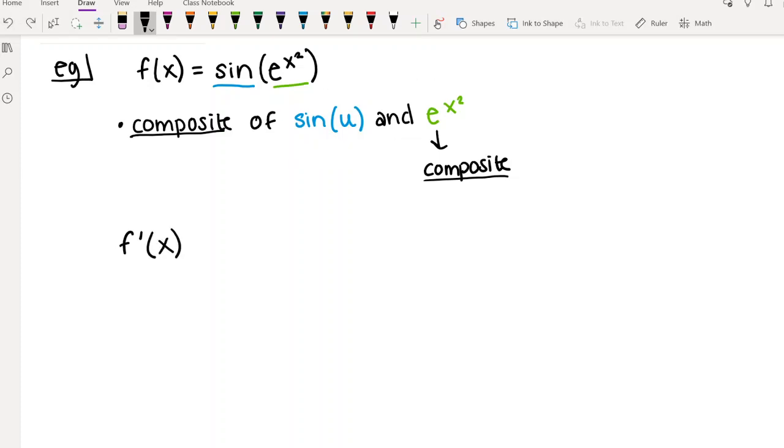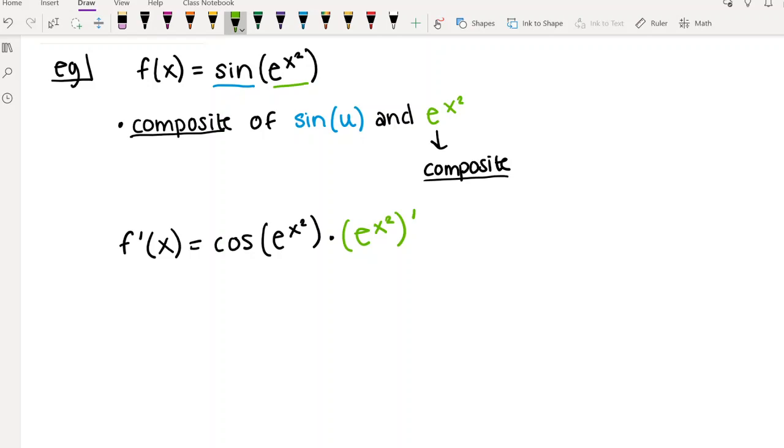On the outer and inner function being sine of u and e to the x squared. So the derivative of the outer part, we're going to make it into cosine and leave the input the same. So that's what always happens. And then we want to multiply by the derivative of the inside function.